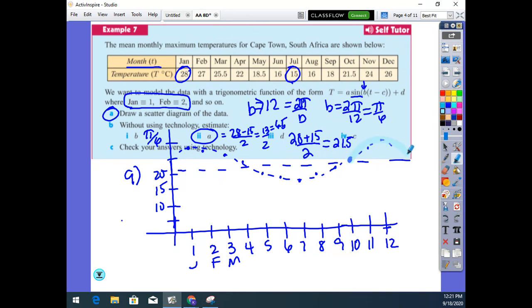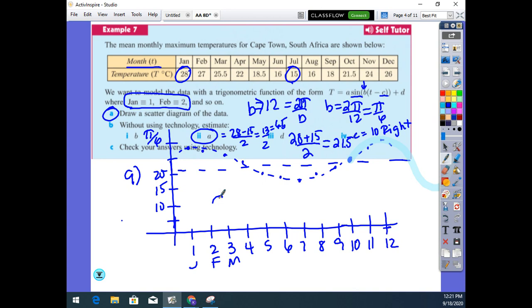This is where it starts the midline and does the actual sine curve. So what we're going to do is estimate this has gone 10 to the right. So C equals, where, this was D. Where's my C? Oh, here's my C. 10 to the right, because I was looking for when this hit equilibrium and started to go back up again. Okay, so we've got all of our pieces.